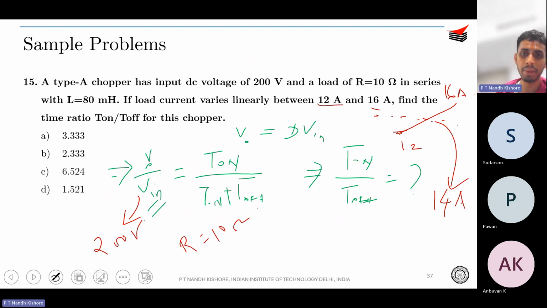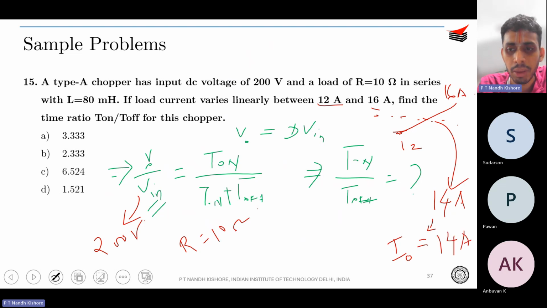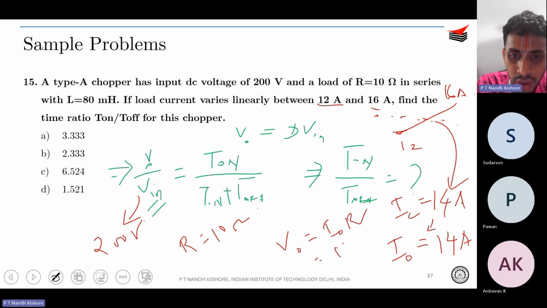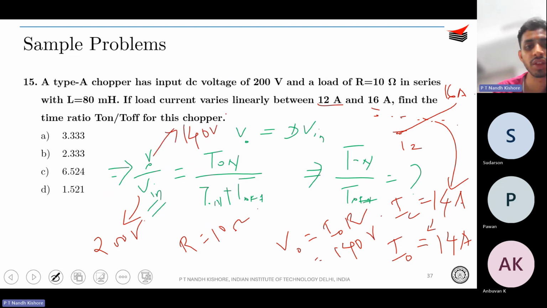If your IL average is 14 amperes, your I naught average is also going to be 14 amperes, because in a buck converter, I naught average and IL average are the same. So V naught is going to be I naught into R. 10 into 14 is 140 volts. So V naught is 140 volts.